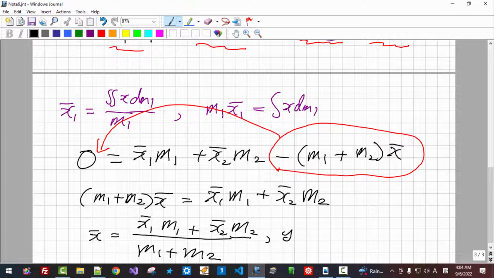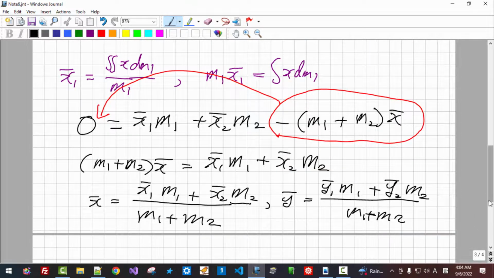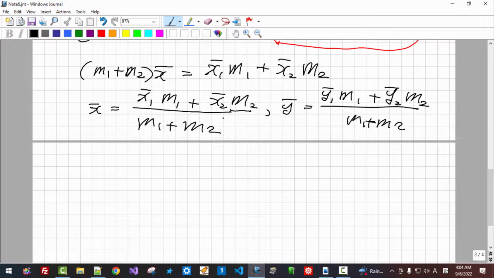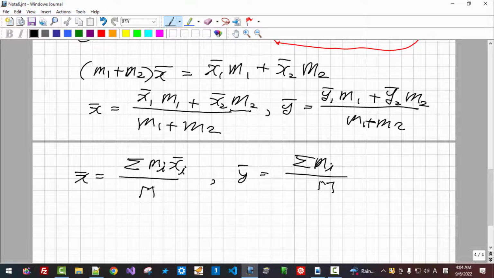In the same manner, y bar times m1 plus m2 equals y1 bar m1 plus y2 bar m2. So if we generalize it, x bar equals one over total mass times sigma mi xi bar, and y bar equals one over total mass times sigma mi yi bar.